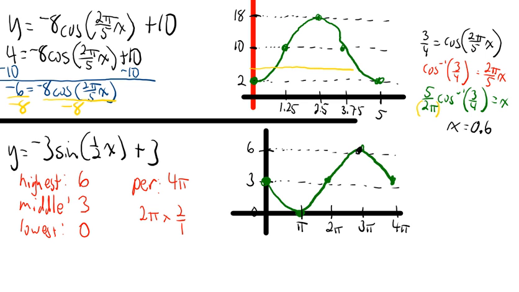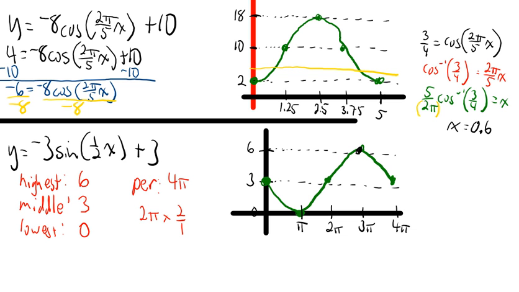So I know a reasonable answer is somewhere between 0 and 1.25, but there's another answer somewhere between 3 3/4 and 5. We could use the unit circle and think about the other quadrant where cosine can have a positive value, but I don't need to. I can use the symmetry of this graph.